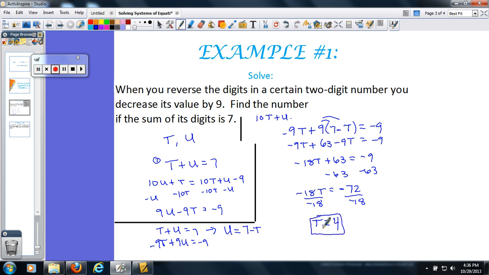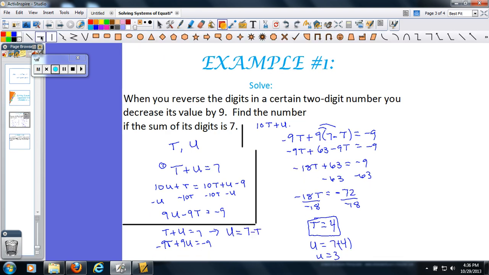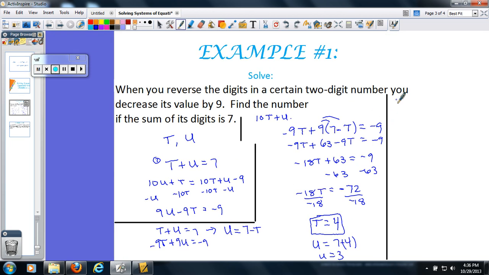I'm going to take this and plug it in right here to find u. So I've got u equals 7 minus 4, which is u equals 3. Let me draw one more line to separate here. So now my number is 43. Let's go ahead and check.